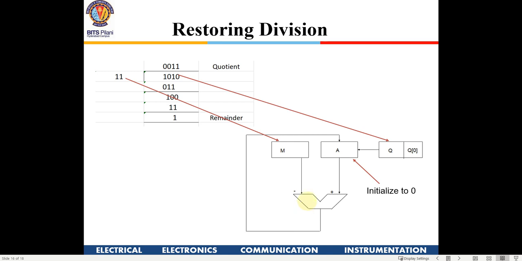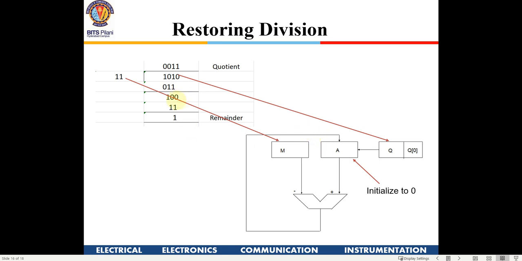So from the status flag, from the sign bit, we know: if the sign bit is 0, that means it's a positive number. In that case, A will not be restored.